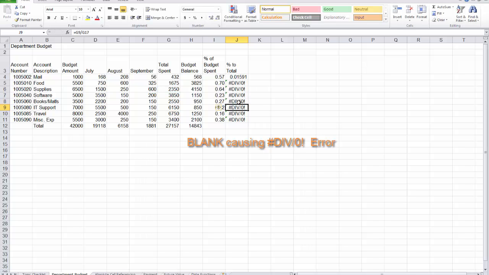If we go down to our IT support, of course it goes to equals G9, the amount we've spent so far of $6,150, but it's dividing by G17, which is blank. We have to have a way to turn off relative cell addressing. It's working for the numerator, but not for the denominator.